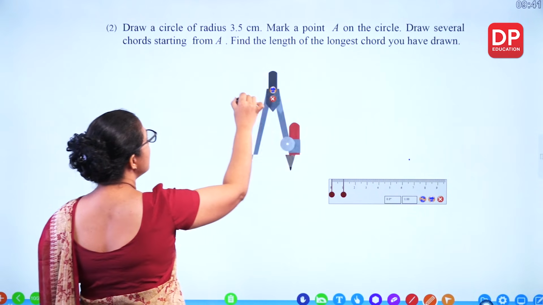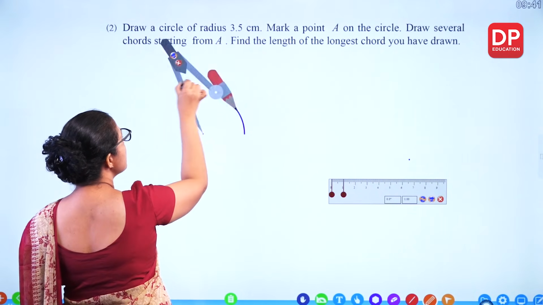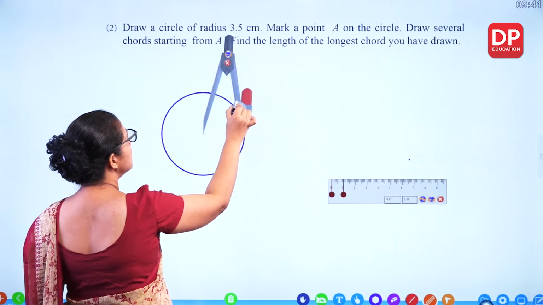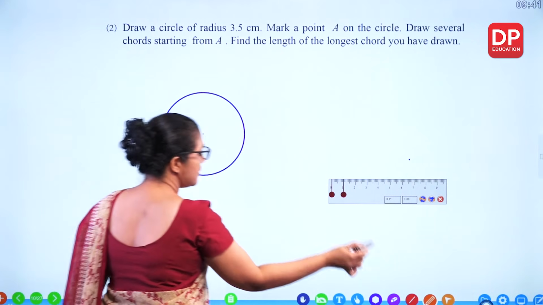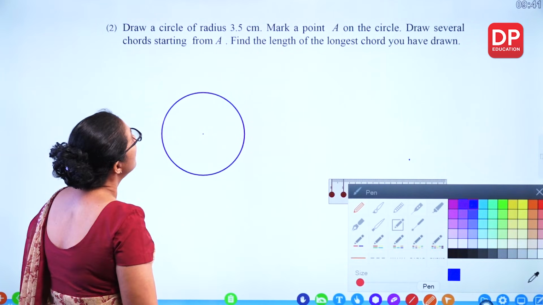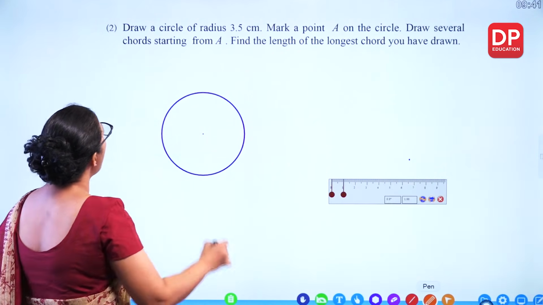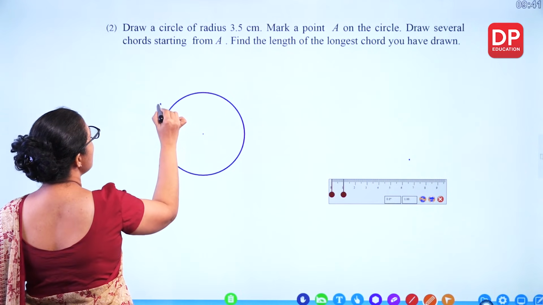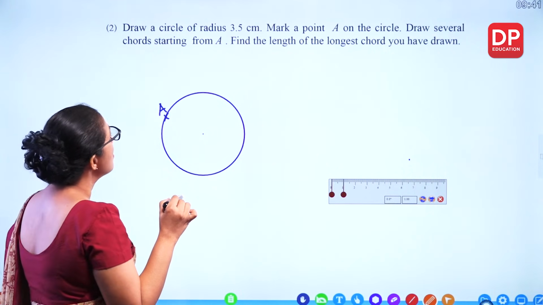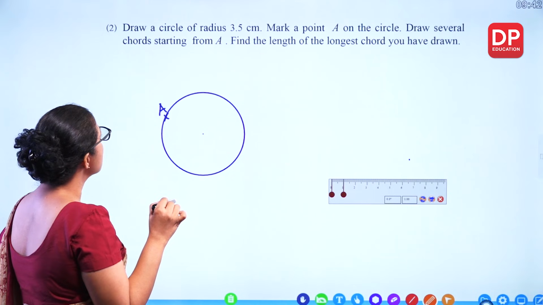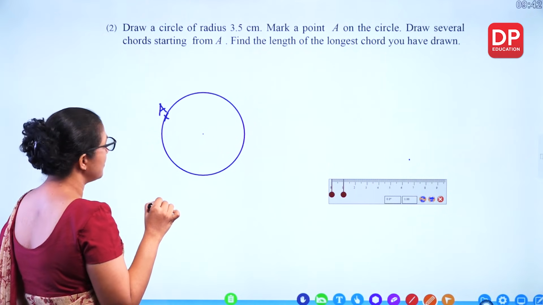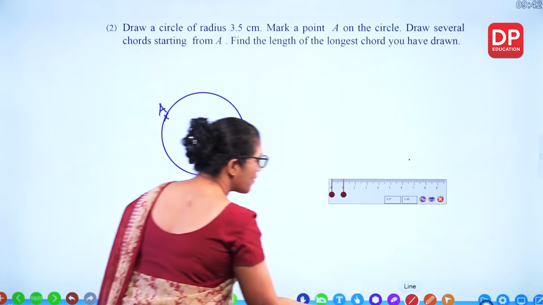So you can draw the circle first and mark a point A on the circle. That's any point. Draw several chords starting from A.